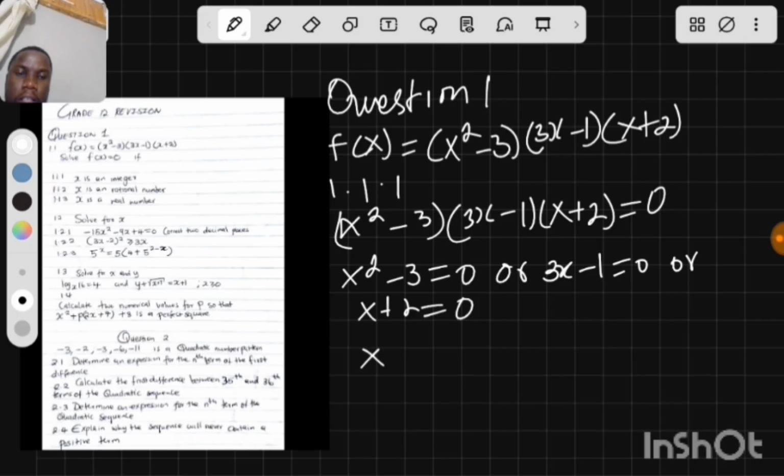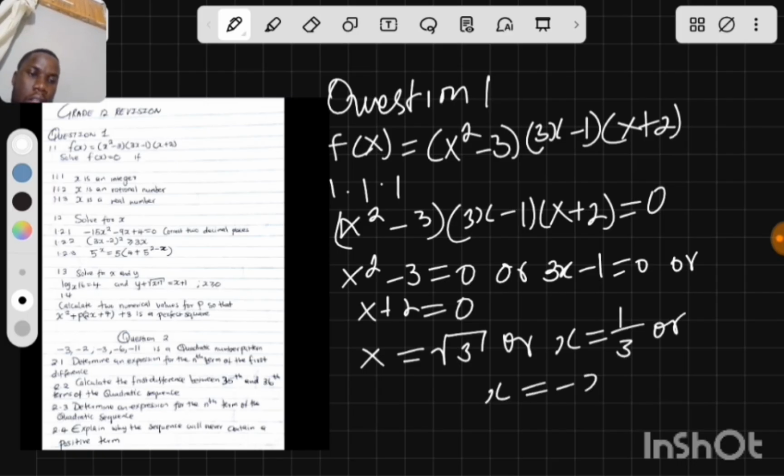Then x will be equal to the square root of 3, or x will be equal to 1 over 3, or x will be equal to negative 2. But since x is an integer, therefore x will be equal to negative 2.